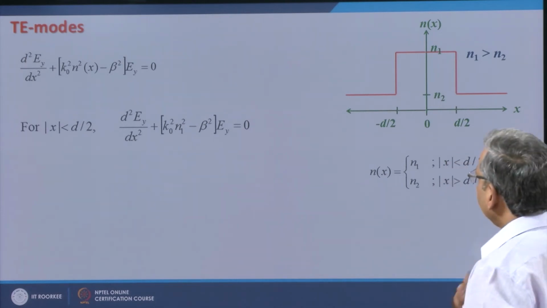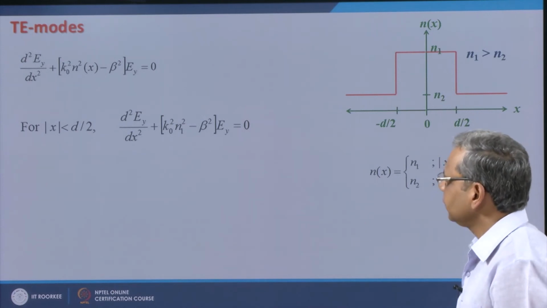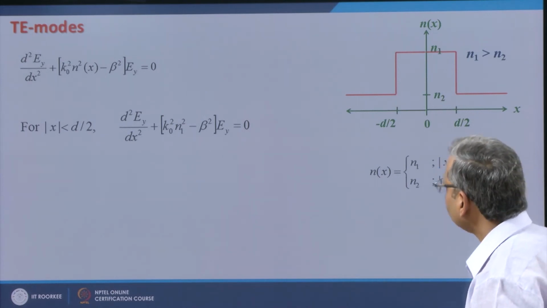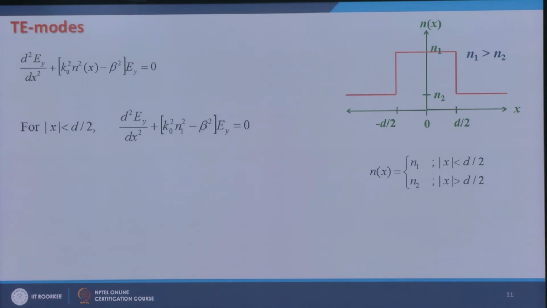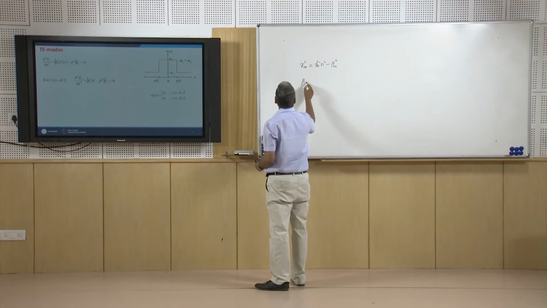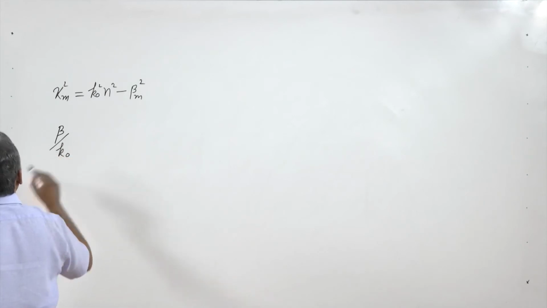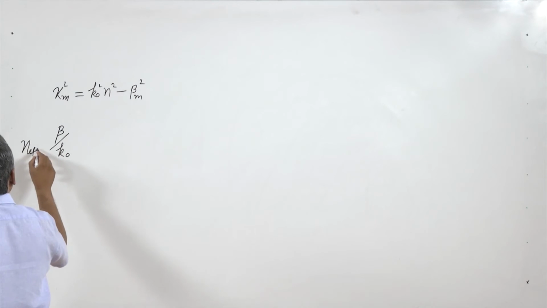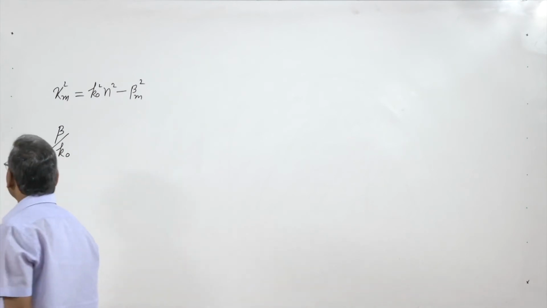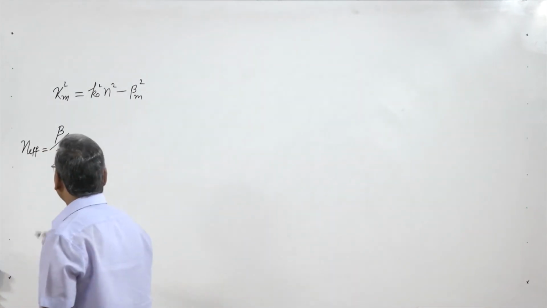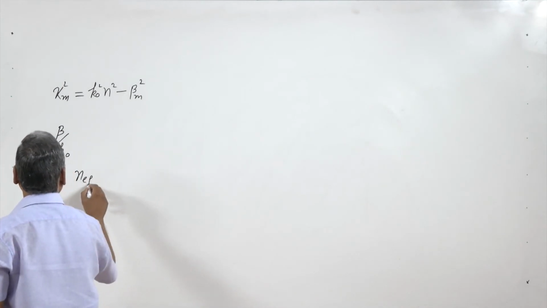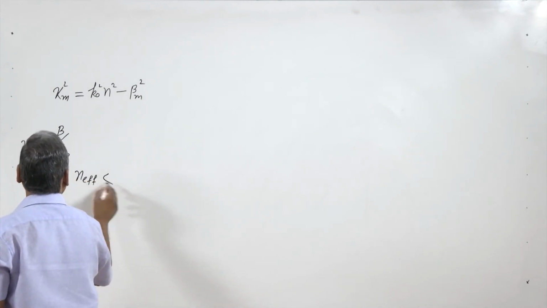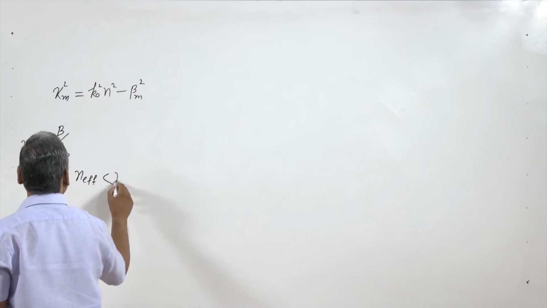And I also keep in mind that my effective refractive index, n effective, which is given by beta over k naught, should lie between n2 and n1 for guided modes.